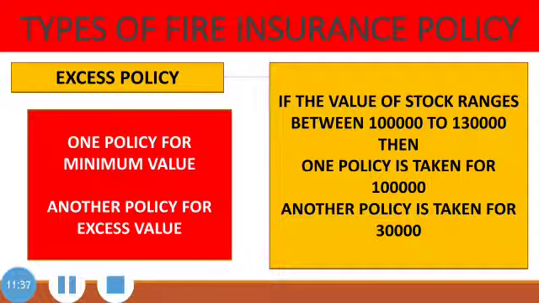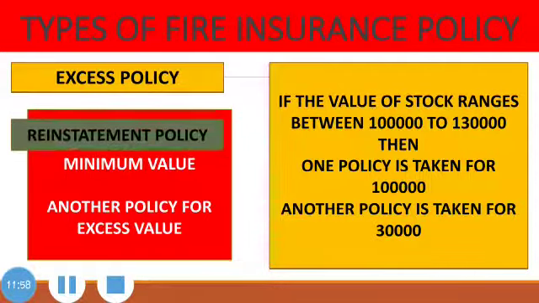One policy is for 1 lakh and another policy should be taken for 30,000 rupees. So in this way he would be safe. So whatever would be the price of his product in between 1 lakh to 1,30,000, he can claim his compensation.